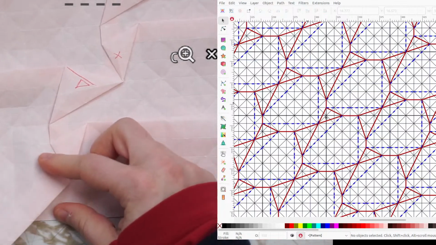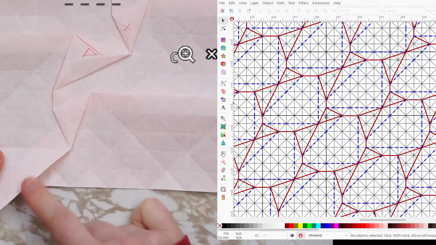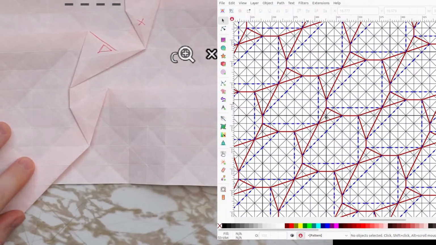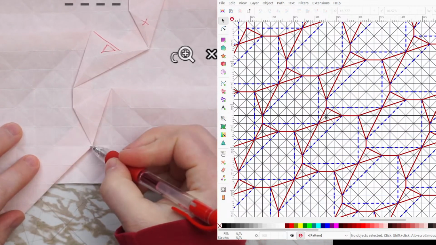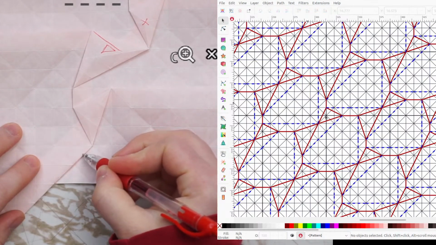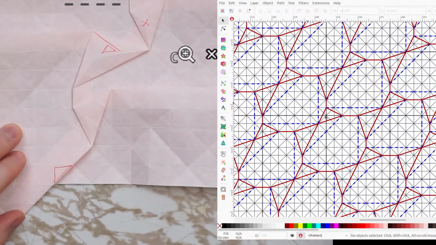So then from there, I'm wanting to put in the next open twist in here. And another way to think about it is I go one spacing on the diagonal before I reach my target triangle.